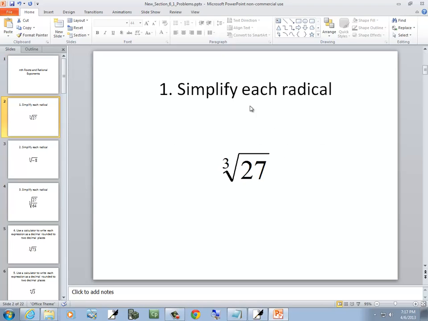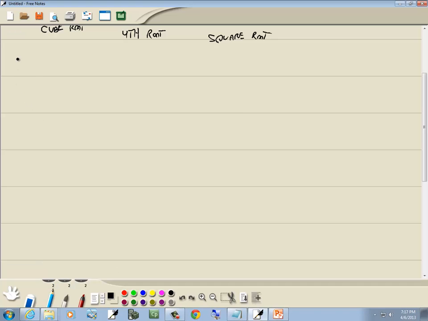And let's take a look at our first problem. We want to simplify the cube root of 27. We need to do the prime factorization of the number that's inside the radical. 27 is 3 times 3 times 3.